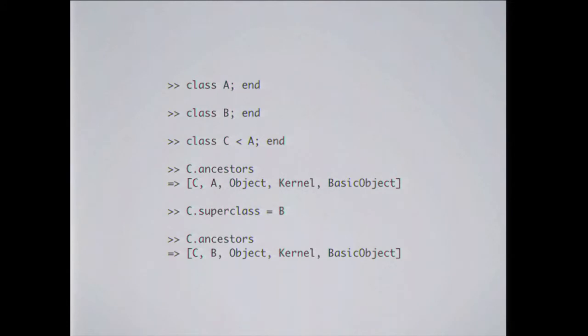So if we have two classes A and B, and we have another class C which inherits from A, we can look at the ancestry chain for the C class, and we can see that it's C, which inherits from A, which inherits from Object, which mixes in Kernel, and Object inherits from BasicObject. And then we can call C.superclass = B, and if we call ancestors again, we can see that all of a sudden we've got a completely different ancestry chain.